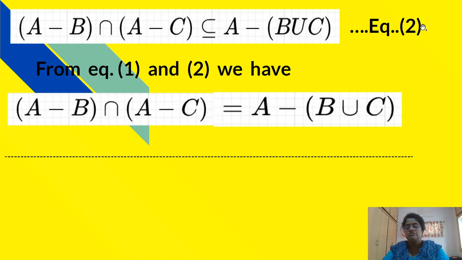Suppose this is your equation number 2, and therefore from equation 1 and 2 we can write that (A minus B) intersection (A minus C) is equal to A minus (B union C). Here, the concept we have used is that if we have to prove A is equal to B, then first we have to prove A is a subset of B, then we have to prove B is a subset of A, and then we can say that A is equal to B.